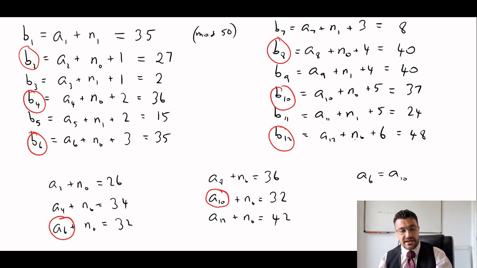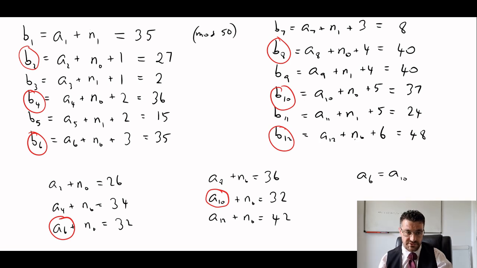But actually, all of the numbers in the original message are less than 50. So I don't need to worry about dividing by 50 and finding the remainder and stuff like that.